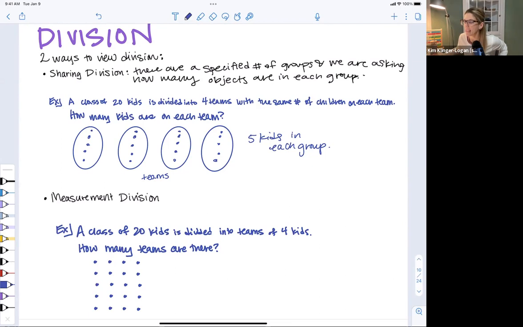There also is the view of measurement division. This is the opposite view.